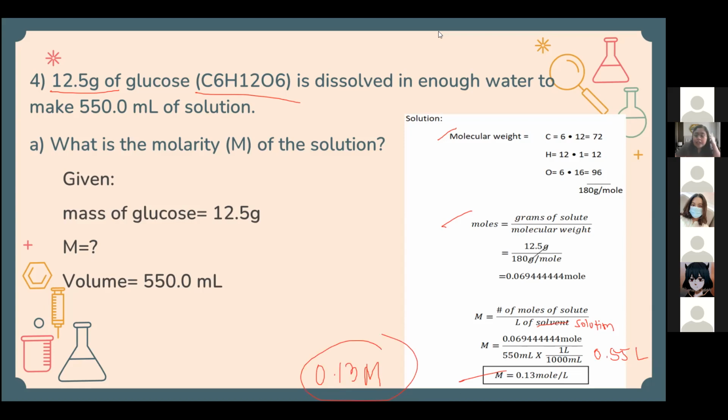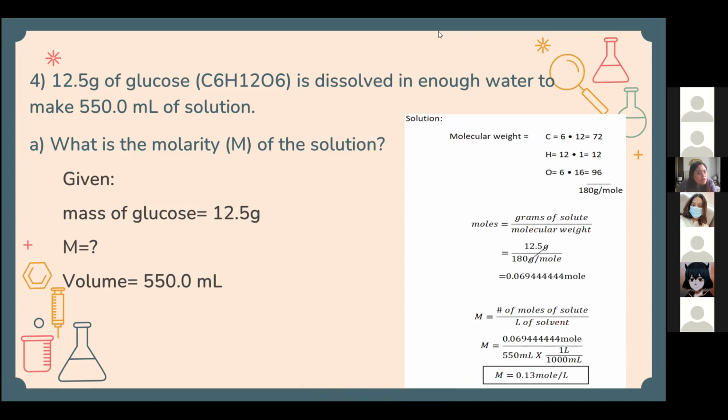Questions for number 4, letter A. Any question? Does anyone have a different answer? Yes, JM? Ma'am, my answer there is 0.24 mole.